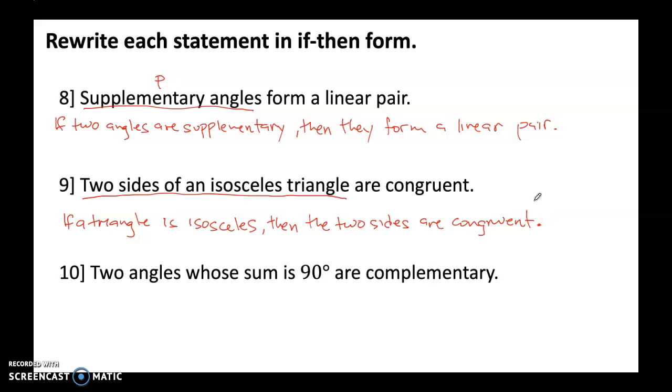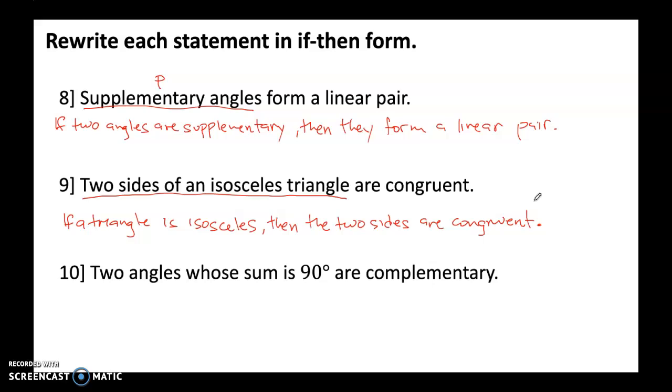So that is our if-then form. If a triangle is isosceles, then the two sides are congruent. You can also have it as if a triangle is an isosceles triangle, then the two sides of the triangle are congruent. So it is also the same.